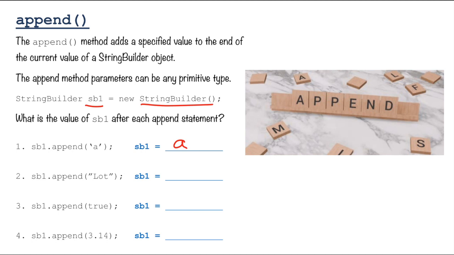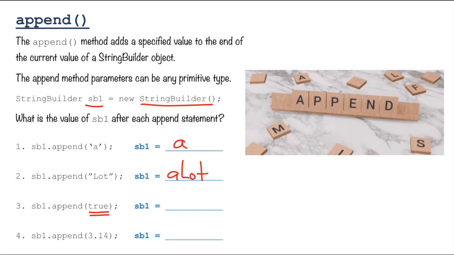When we look at line 2 here, StringBuilder 1, SB1, has append "a lot", so it now stores a lot. And now we see here there is no quotes, it is just a Boolean value, but it will append that Boolean value. The append method can receive as a parameter many different data types, and Boolean being one of them.